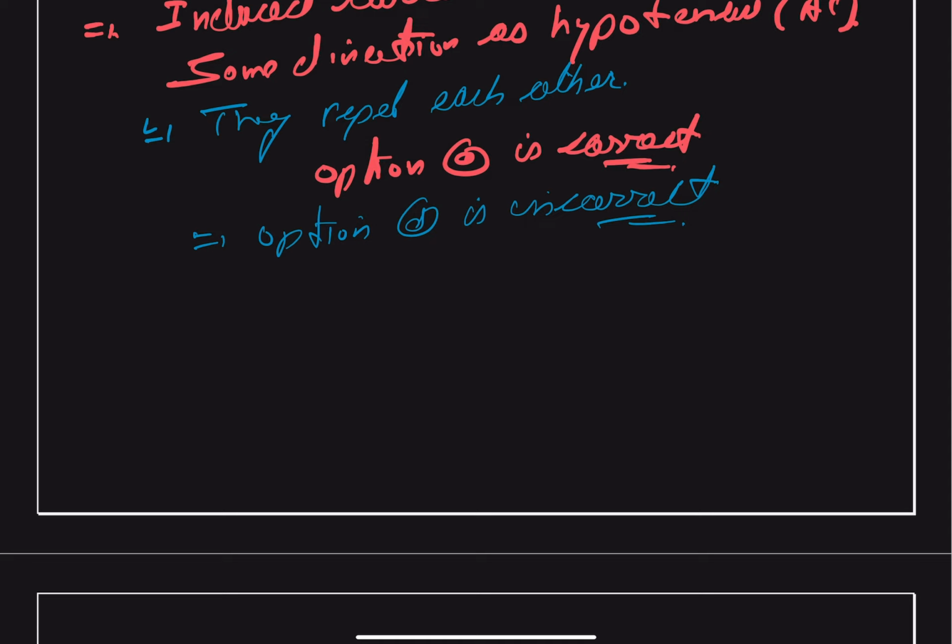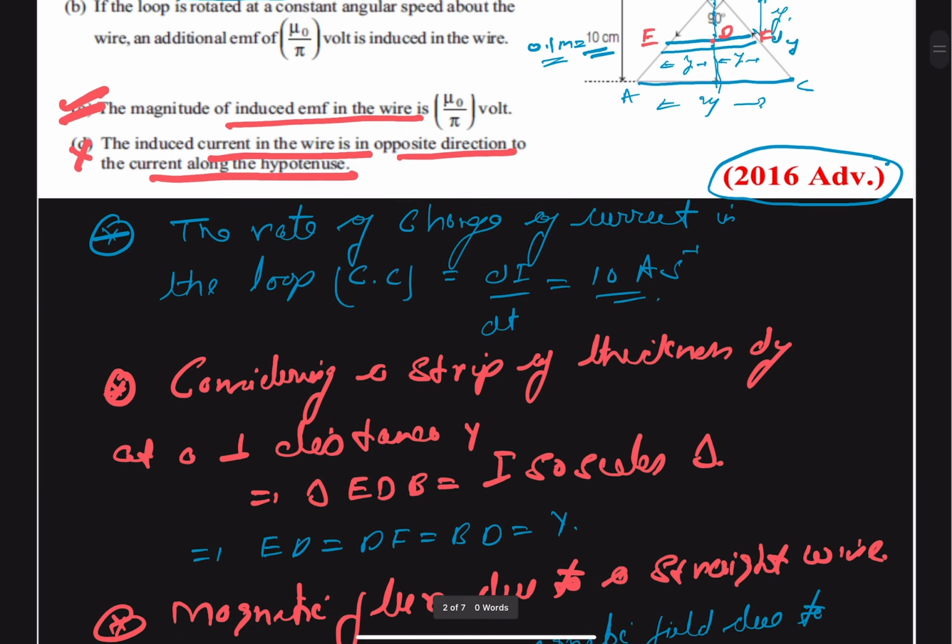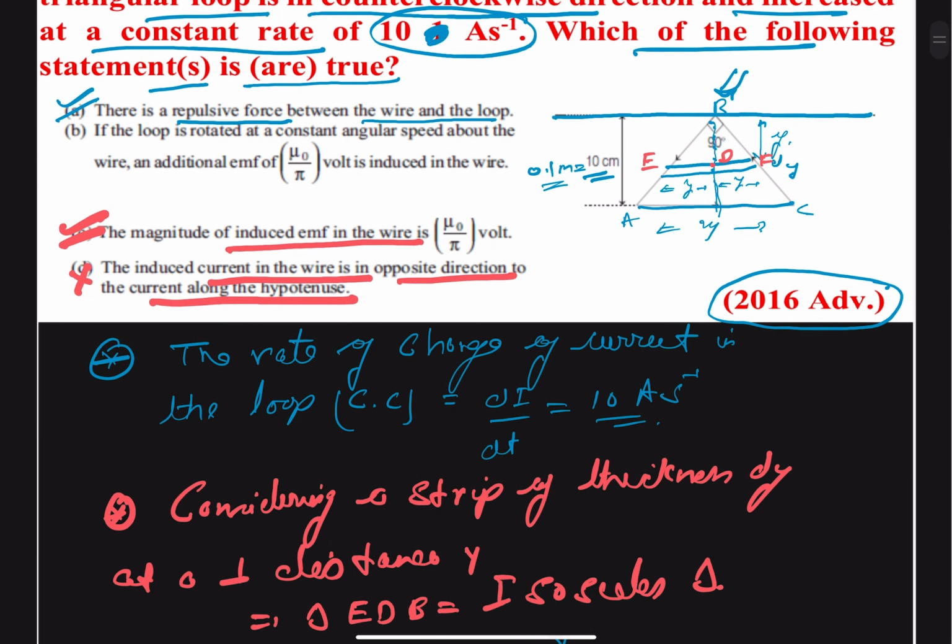And now we are left with only one option to check, what happens if the loop rotates. That is our option number B. It says that if the loop is rotated at a constant angular speed about the wire, additional EMF of mu0 upon pi is induced in the wire.